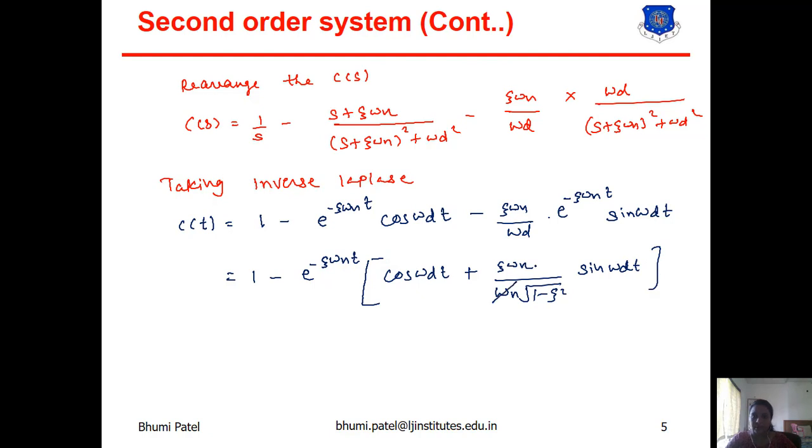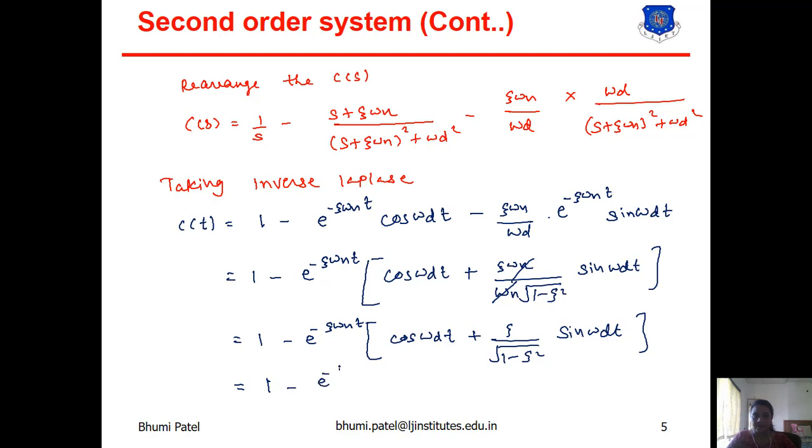Here the omega n term cancels, so we can get 1 minus e raised to minus zeta omega n t in bracket cos omega d t plus zeta upon under root of 1 minus zeta square sin omega d t.